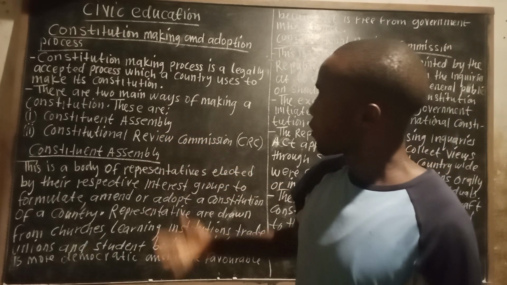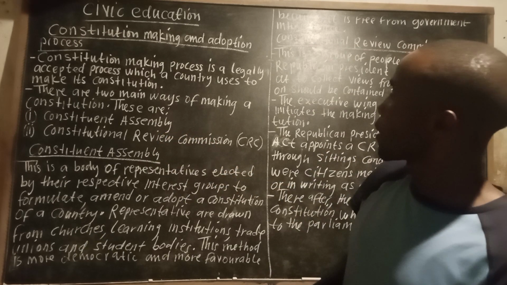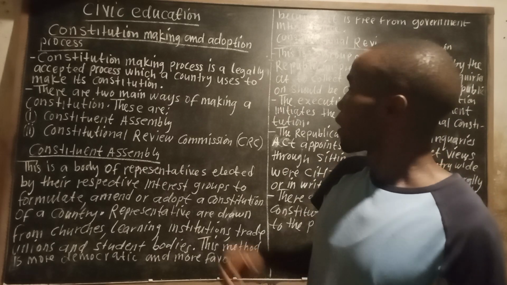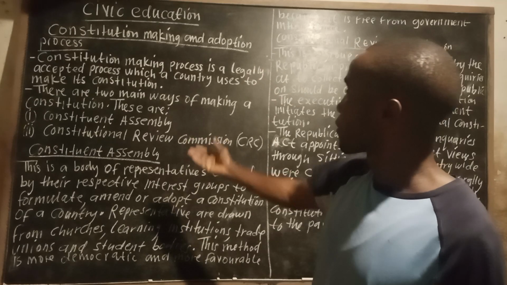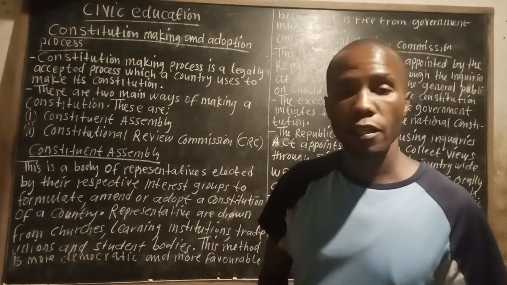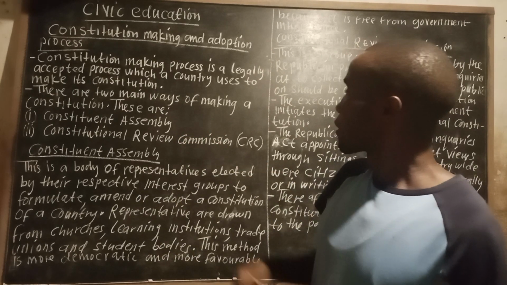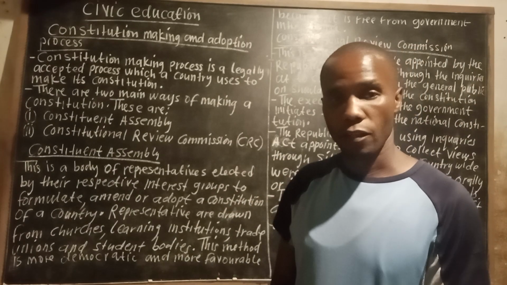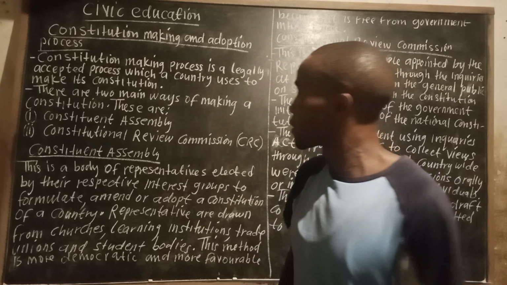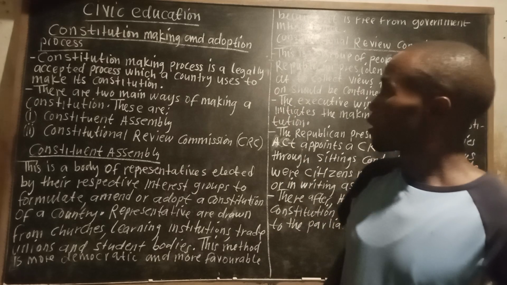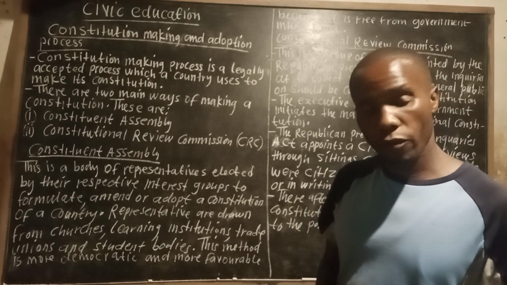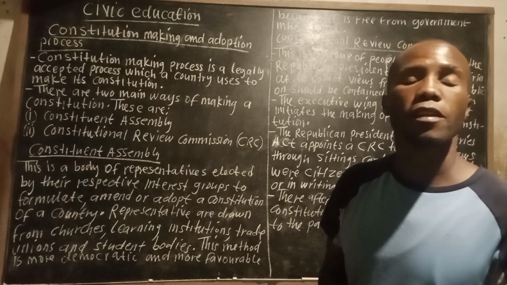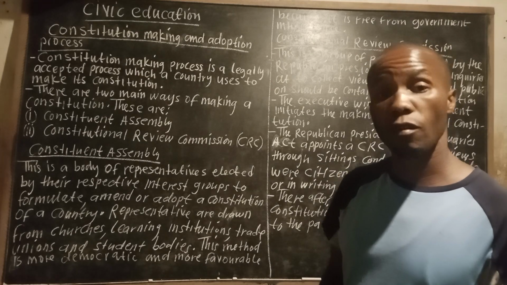Point two: there are two main ways of making a constitution. One is the Constituent Assembly, and two is the Constitution Review Commission, which is the CRC. These are the two ways a country follows to make a constitution.